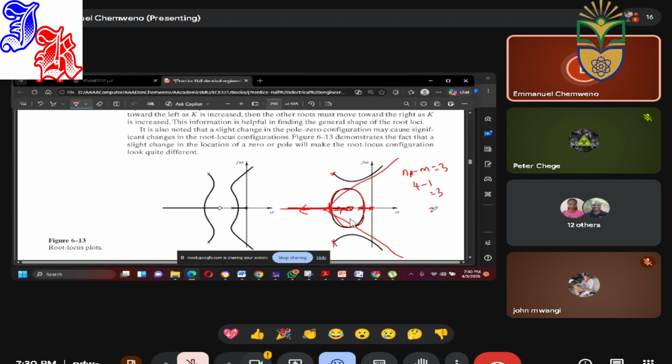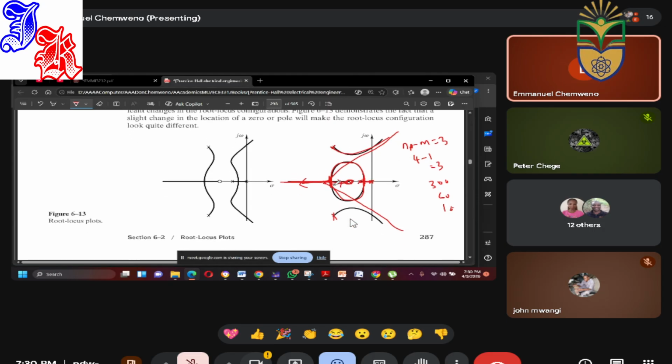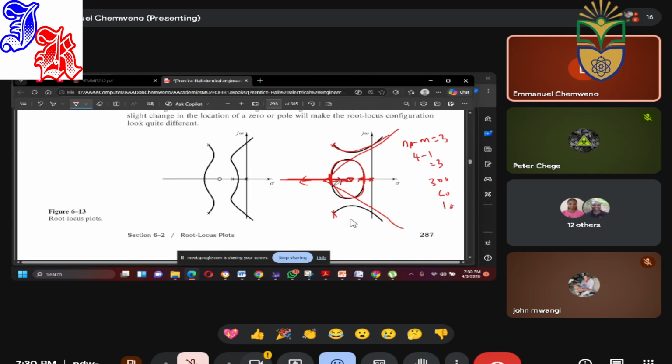So asymptotes will be 30, 300, 60, 180. This will terminate at infinity, so I don't know that they'll cross. But you should be able to sketch even without the actual calculation. Just by applying the rules, you should be able to sketch the root locus.